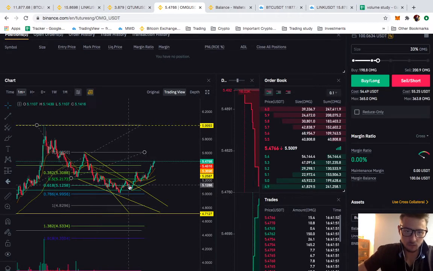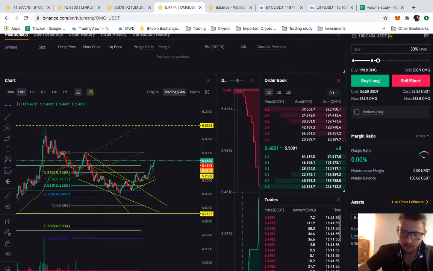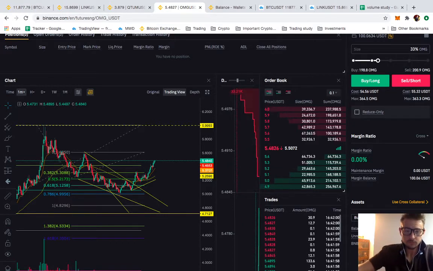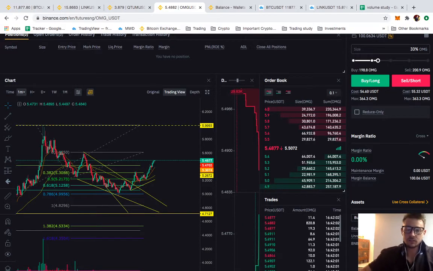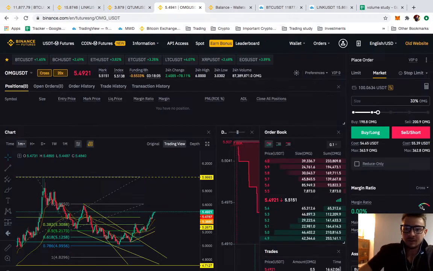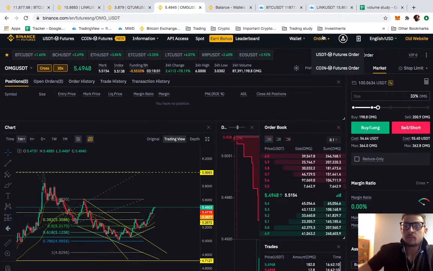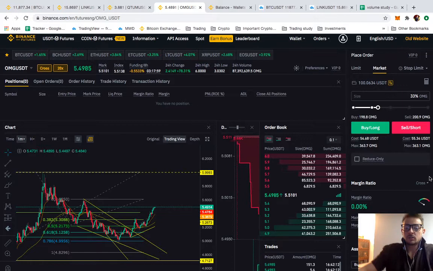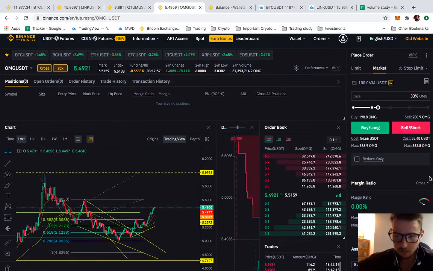Now when it comes to risk to reward, I made $67 on the trade, so it was about a 3-to-1 risk to reward. And guys, this is just scalping once again, and I would only scalp if a coin is this profitable to scalp, right? So that's just pretty much common sense when it comes to trading.